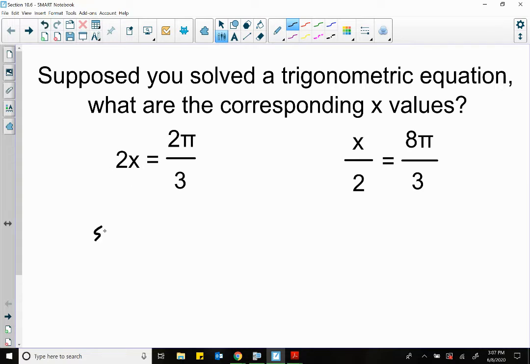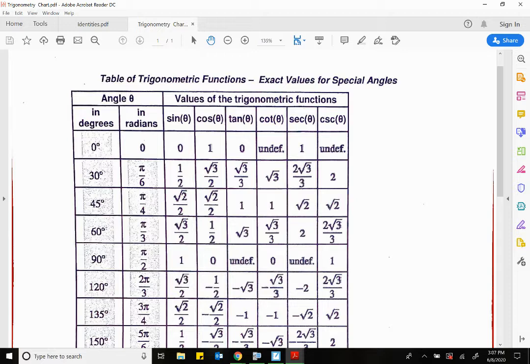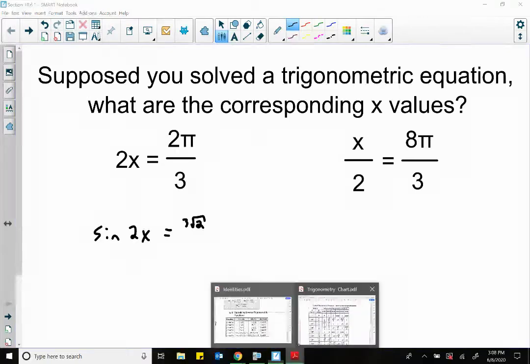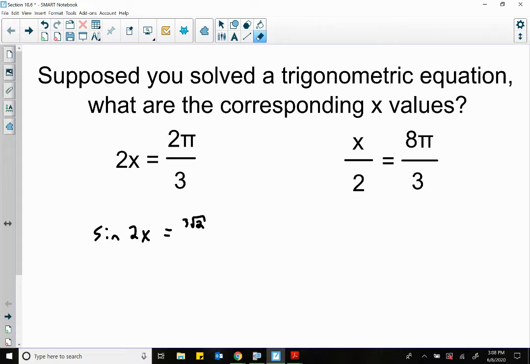So say it was sine 2x equal to, I don't know, square root of 3 over 2. Sorry. So say this is what the original problem looked like. You're not coming up with this, but say this is what the original problem looked like.